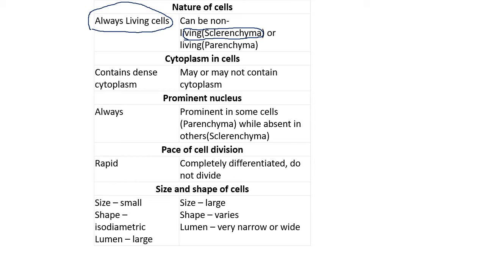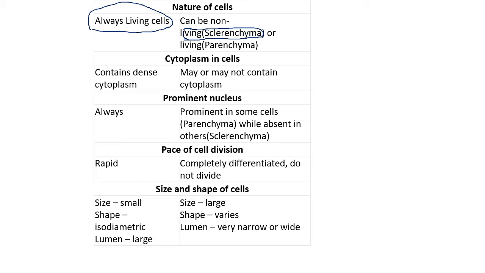This is another difference. Then, cytoplasm in cells. Cytoplasm in the case of meristematic cells is dense. Why is it dense? Because they are always in a continuous state of division, and as such they always require different components.